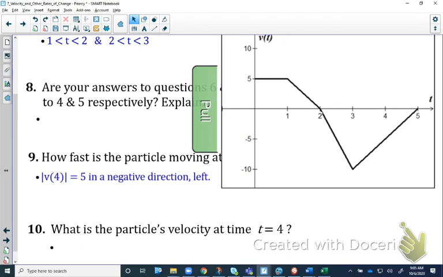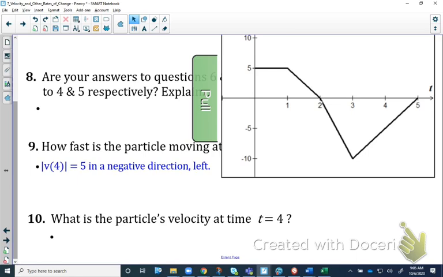But remember, the -5 is indicating the direction that it's moving, not how fast it's moving. When we think of speed, we take the absolute value of that. So here I would just say it's moving at 5 units per element of time, whether they're seconds, minutes, hours, I don't know.